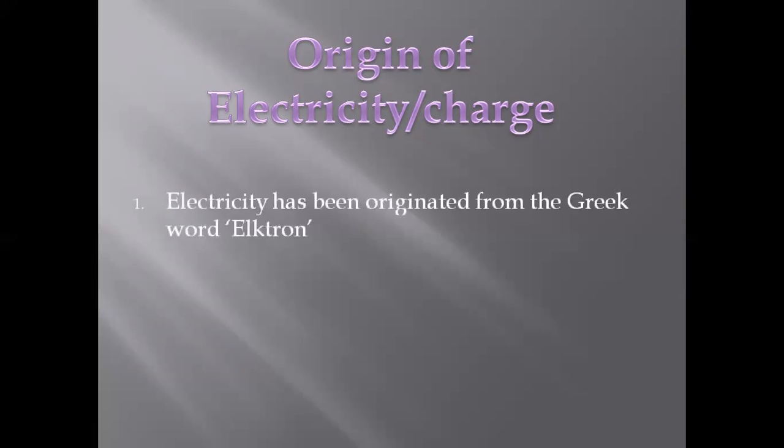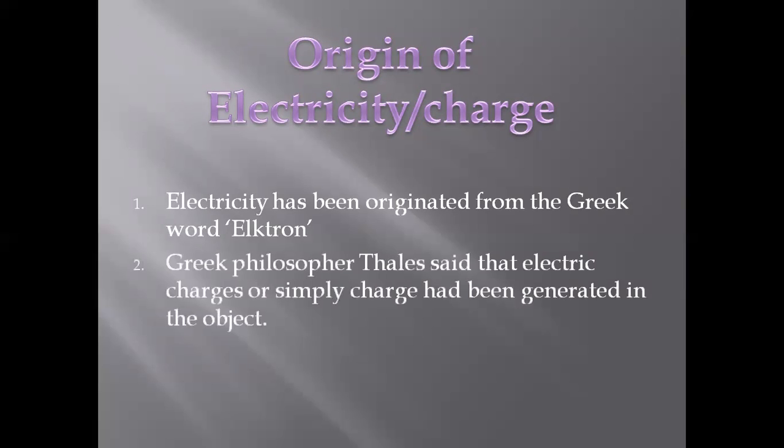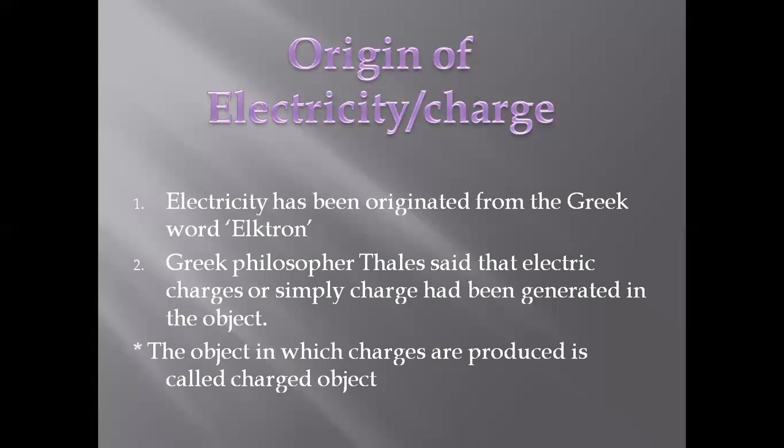The word electricity has been derived from the Greek word elektron. The Greek philosopher Thales said that electric charges have been generated in objects. We described it before with the charge distribution chart. And lastly, the object in which charges are produced is called a charged object.